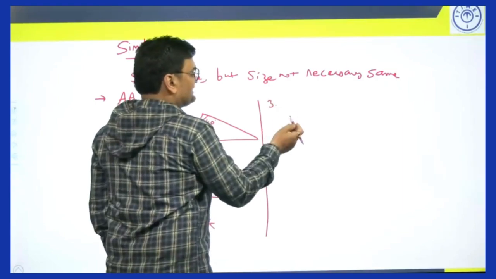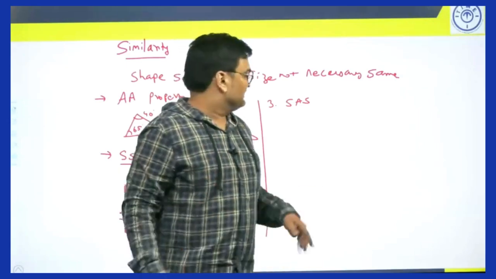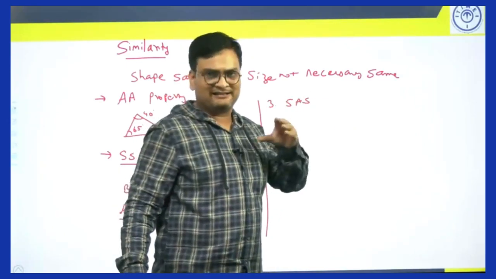The third way of proving similarity is the SAS property, SAS similarity, side angle side is the full form.